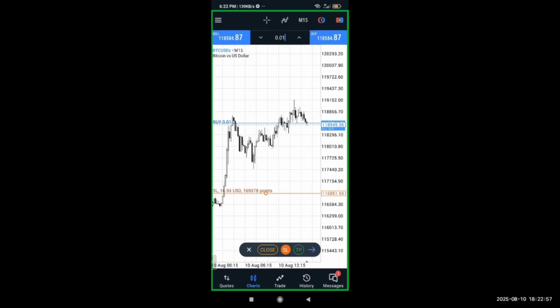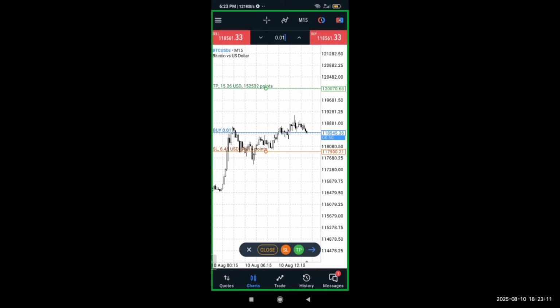You see I've clicked on it, and you can drag it to wherever you want to set as your stop loss. I can shrink the chart and click now. I'm going to click on the TP. I will drag it to where I want to set as TP. When you are done, remember this one, you have entered the market.